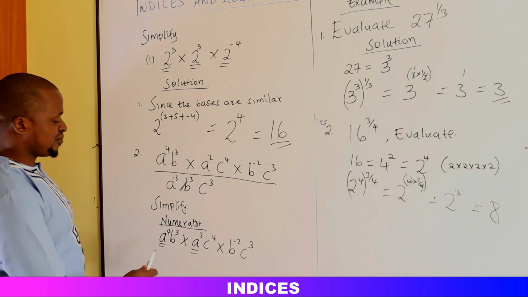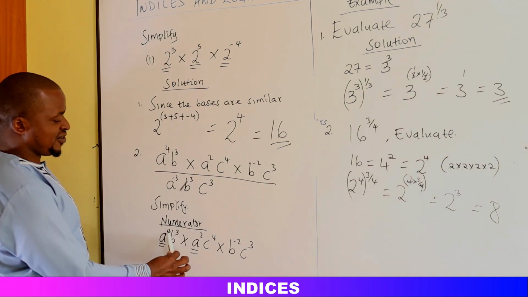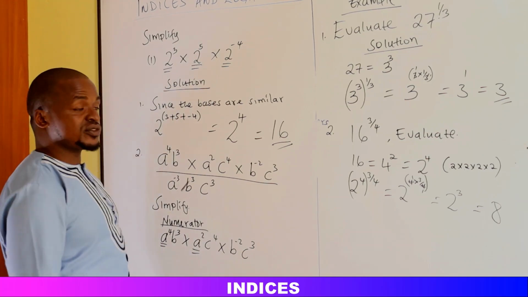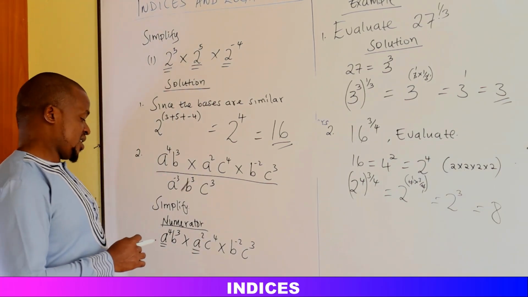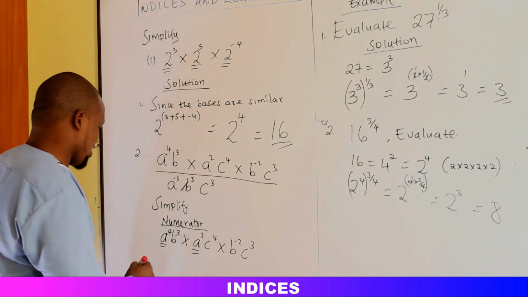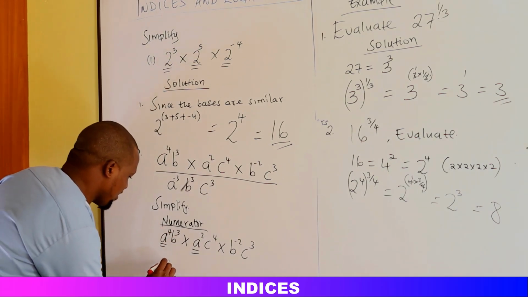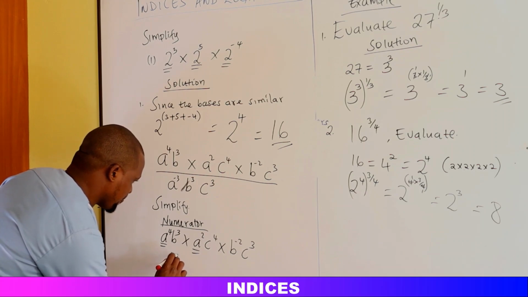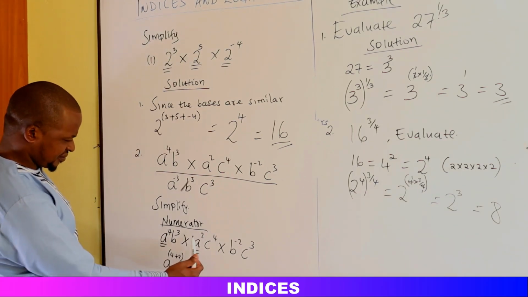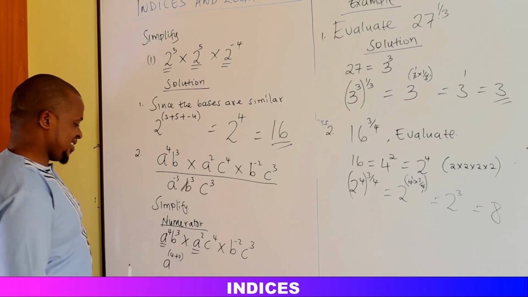So it's like now you're multiplying a raised to power 4 times a raised to power 2. And the product of two indices, when the base is the same, we add the powers. So this one will be a to the power 4 plus 2.